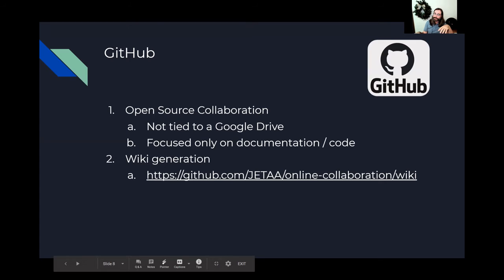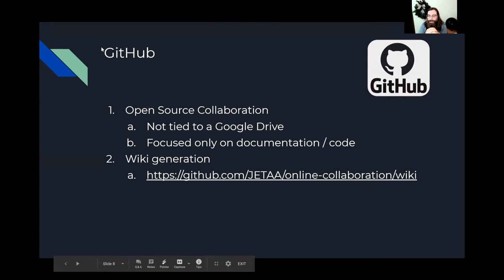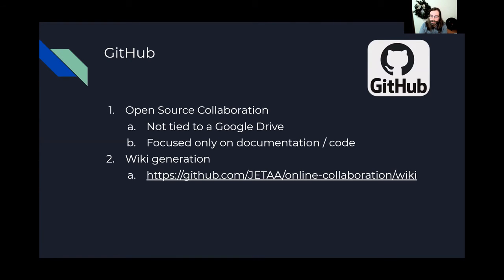GitHub is traditionally used for programming and code and software. But one of the lesser known functionalities of GitHub is it does wiki generation. So it's basically a simplified version of Wikipedia, where everyone goes and edits.